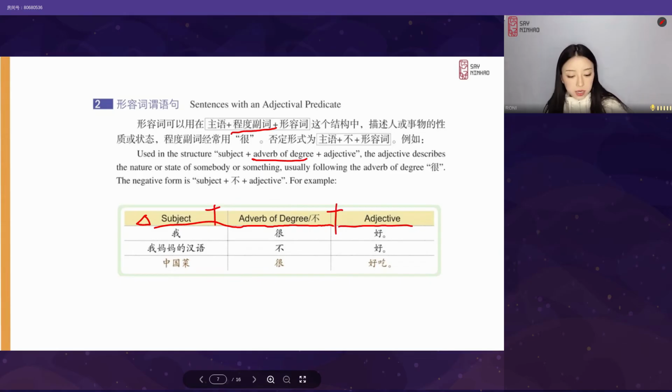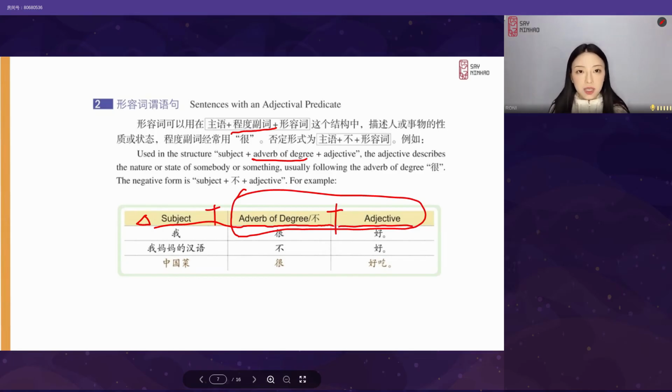In this situation, this part is the predicate of the sentence without the verb. Okay, now let's see the example. First example is 我很好, I'm very good. In English, I am very good, there is an am between I and very good. But in Chinese, we say 我很好. There's nothing in between 我 and 很好, right?